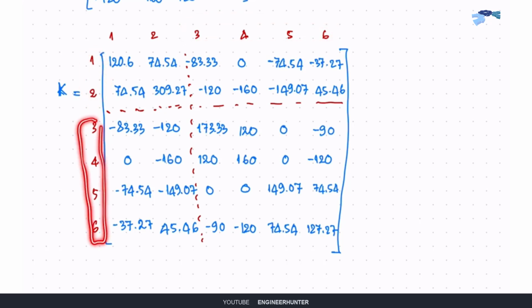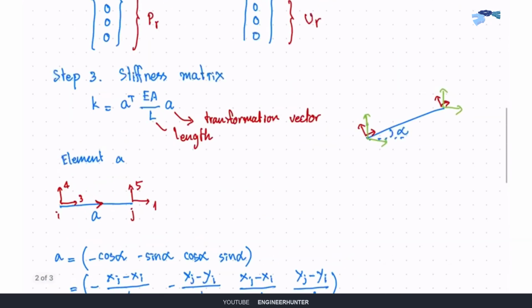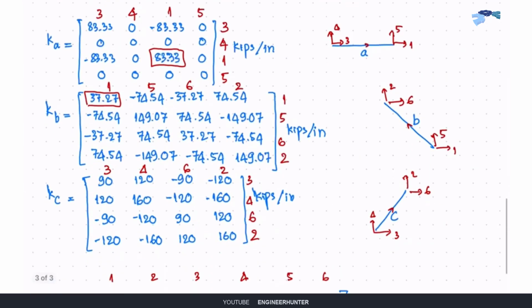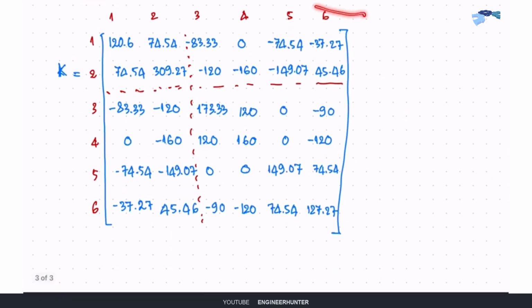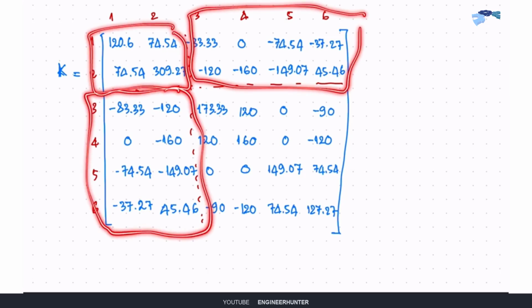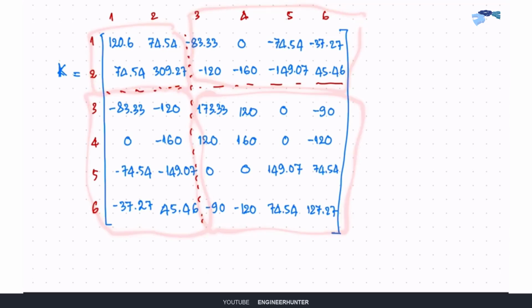So this is why again we need to define the degree of freedom, start with 3 degree of freedom and end with support degree of freedom, because it's easier to divide the matrix like this and make the calculation easier.